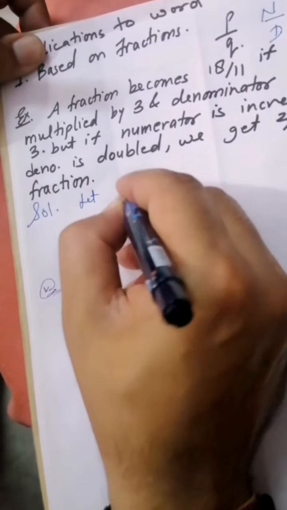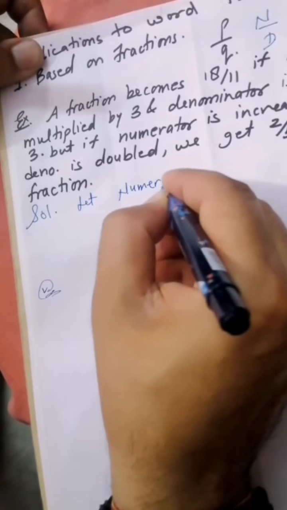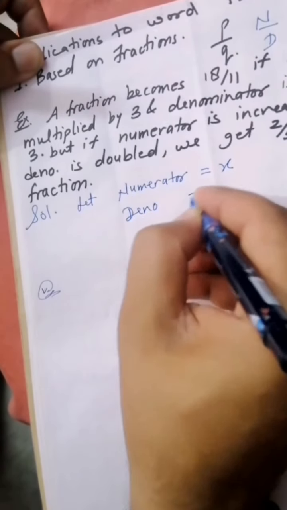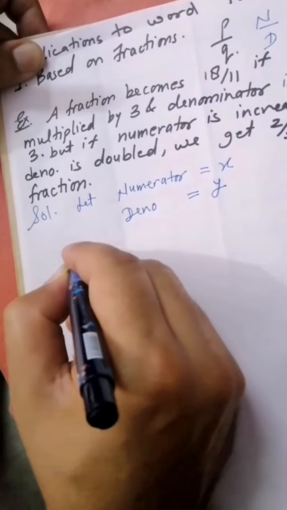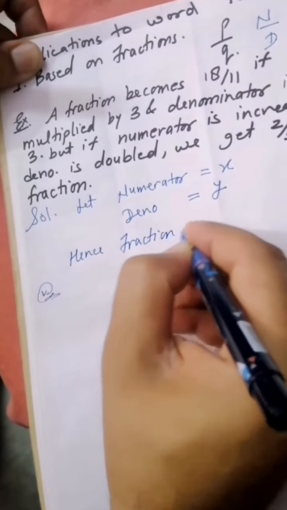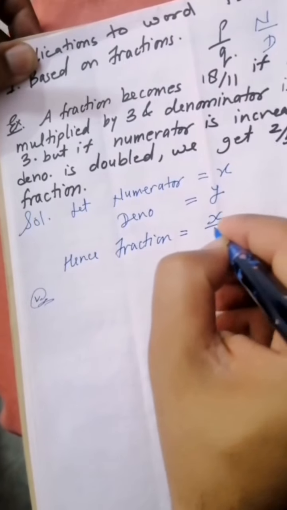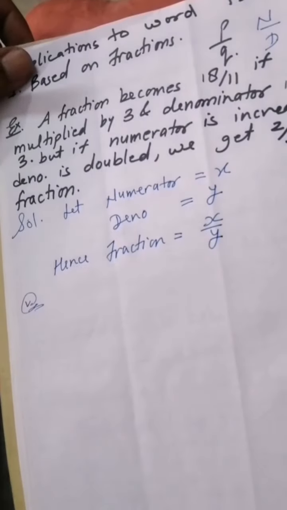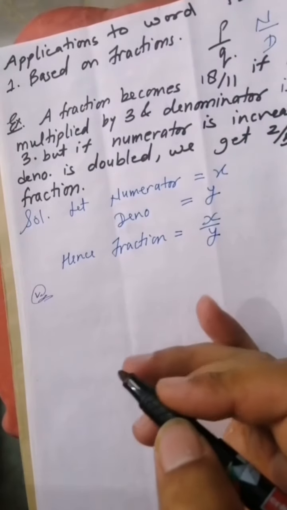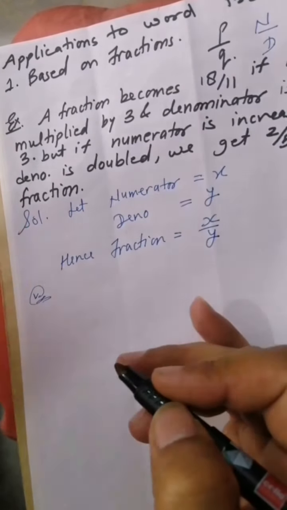So you can see there, let the numerator equal x, denominator equal y. Hence, fraction equals numerator upon denominator, it means x upon y. That is the initial condition. Numerator equals x, denominator equals y, hence fraction equals x upon y.